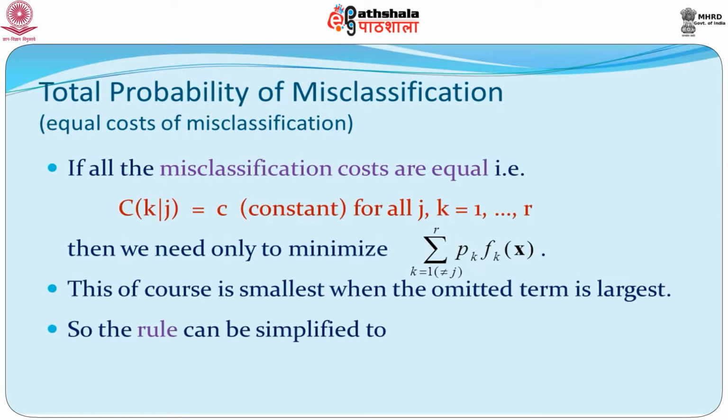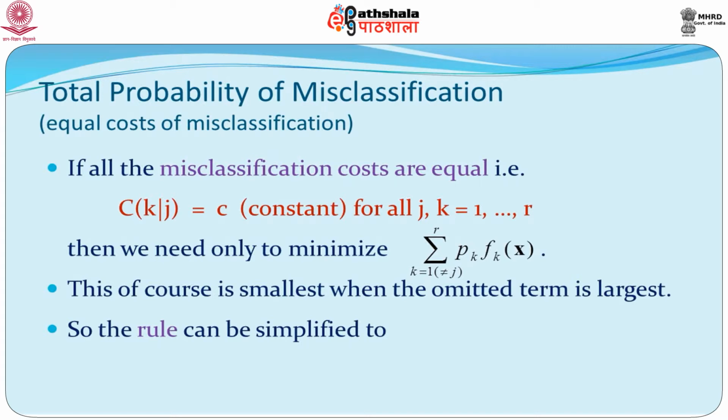This is because if you take k equal to 1 to r including j, so what we are minimizing is k equal to 1 to r excluding j. So, that will be the sum including j minus the jth one, that is minus Pj Fj(x). And because if you are taking the sum over all of the k equal to 1 to r, that would cancel out for different j's, and it will just be a choice between the Pj Fj(x).